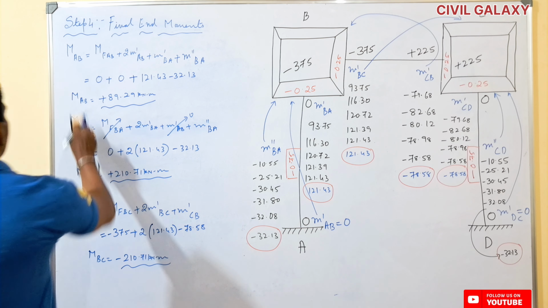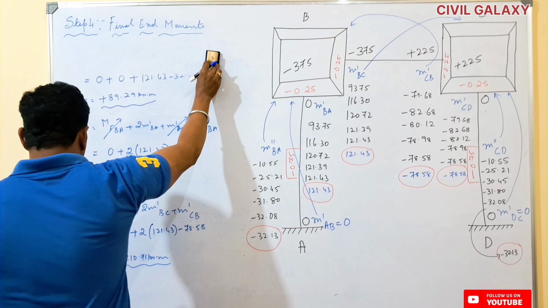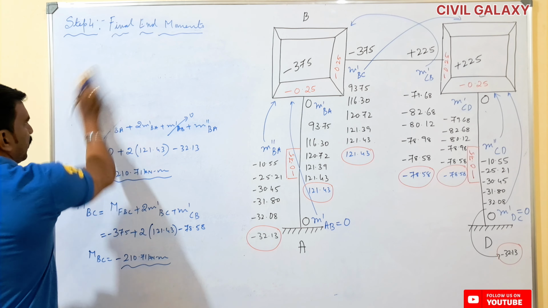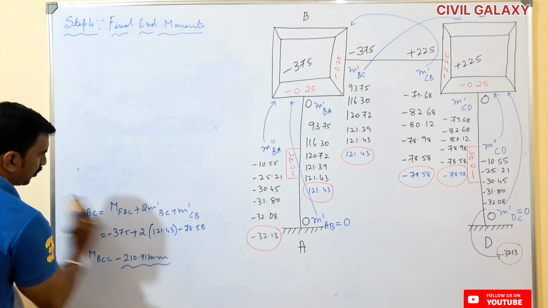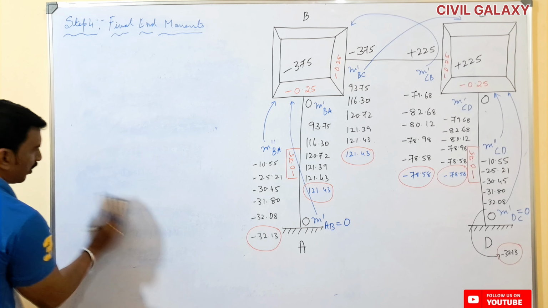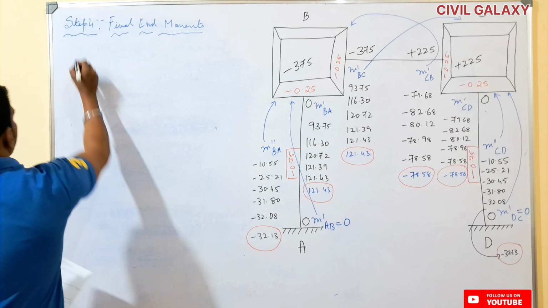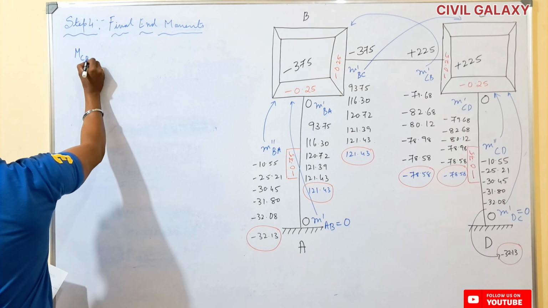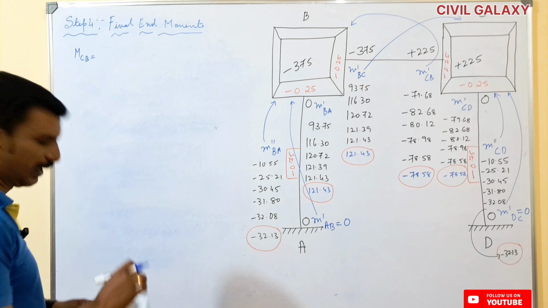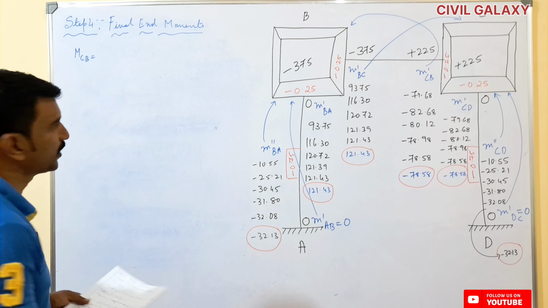So next, after calculating the final moment from B to C, we are remaining with the final end moment from C to B. So I will just write the values I have calculated. You please cross check once.